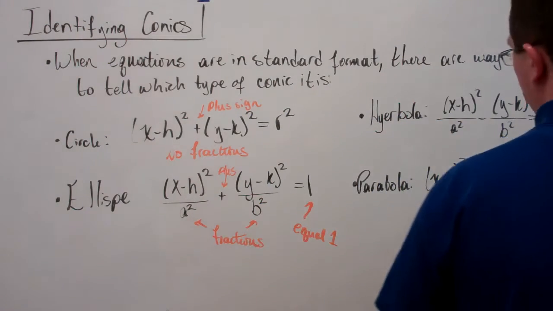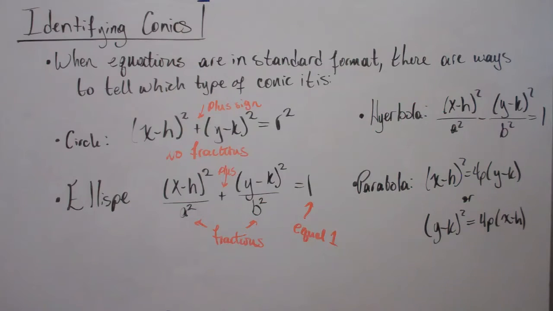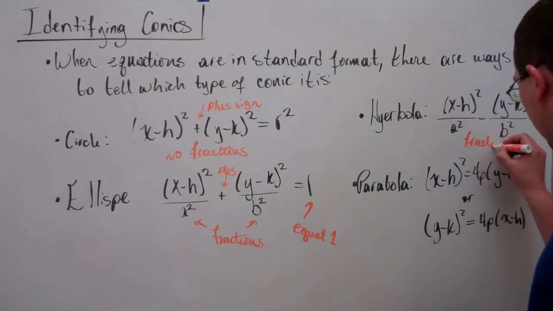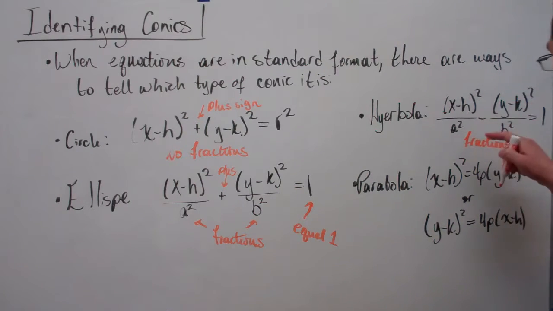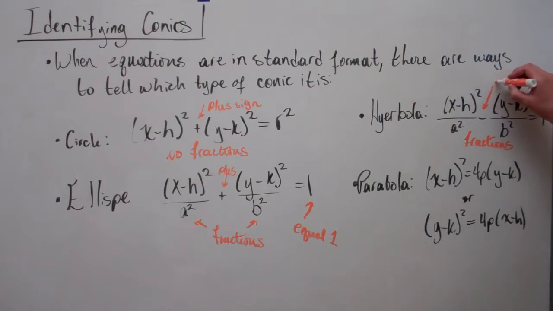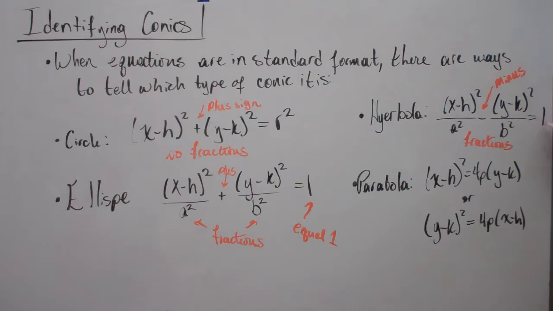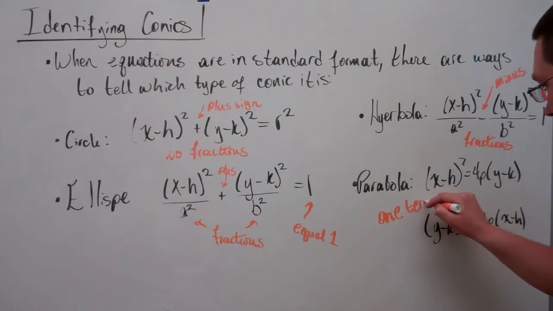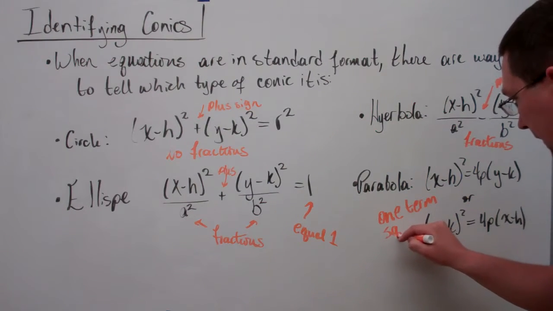For a hyperbola, again, you have fractions, but the key thing that differentiates hyperbola from ellipse is this minus sign. And again, this will always equal 1 as well. And for a parabola, you only have one term squared.